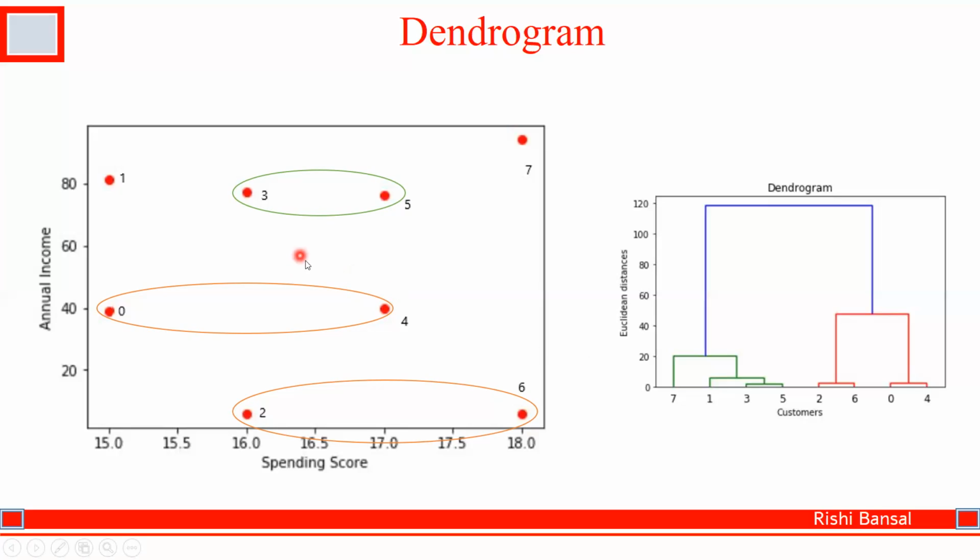So in the bottom-up approach, we had the total number of clusters as 8. Each point is considered as one cluster.